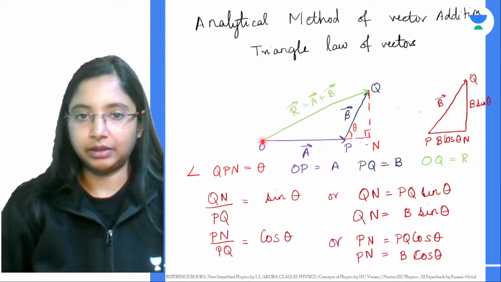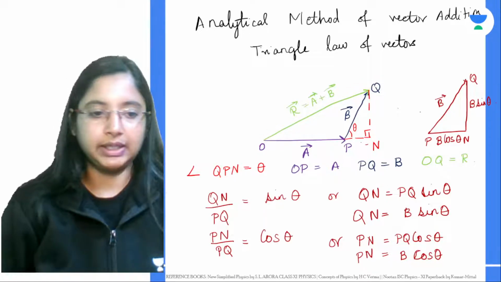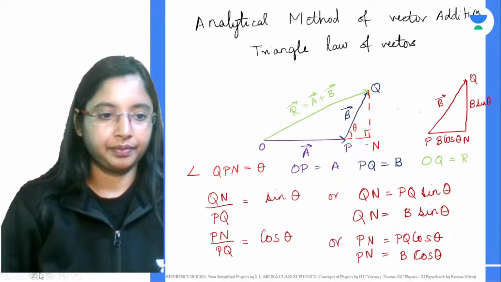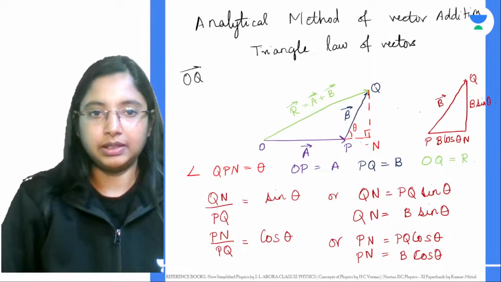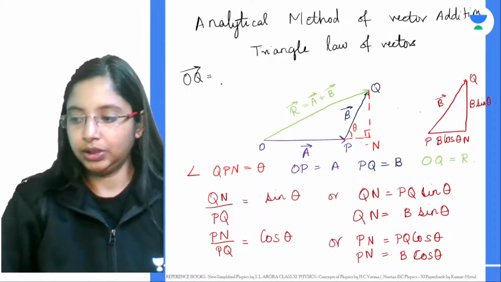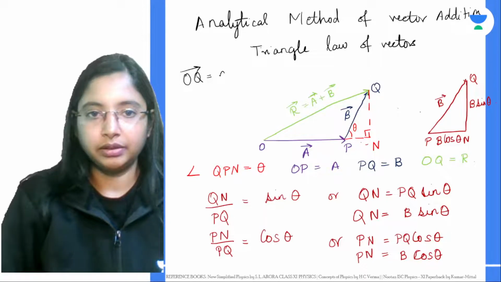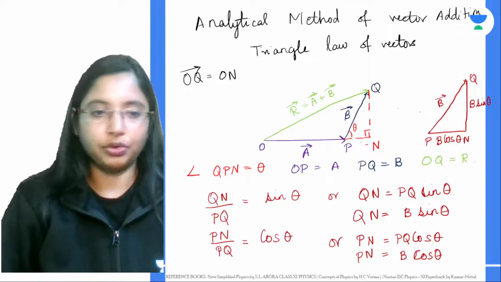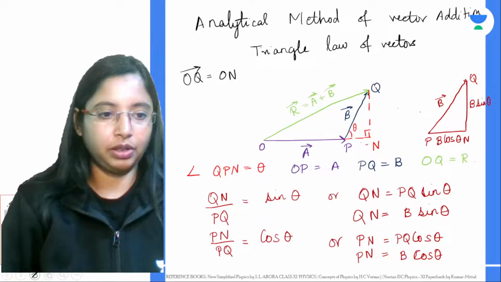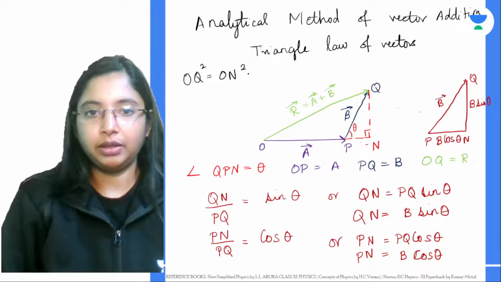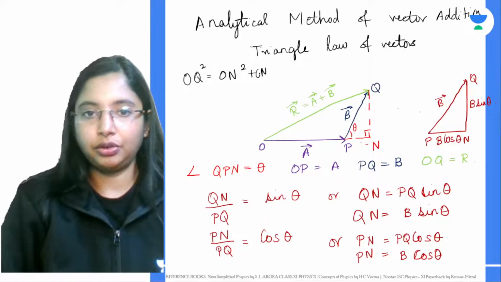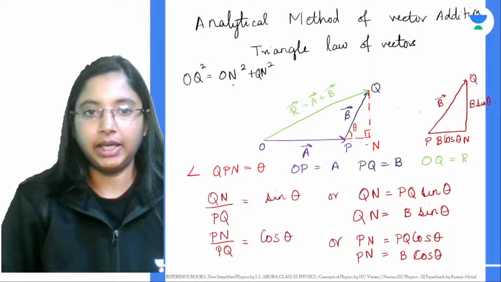Using Pythagoras theorem, this side OQ, we are talking only about the magnitude in this case, right? This OQ square is equal to ON square plus QN square, right?